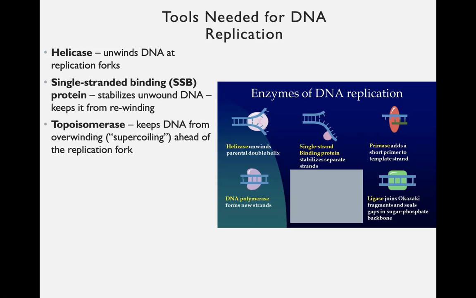At the other end, if you imagine like two hoses coiled together, sort of in a double helix, if you pull them apart and unzip them, it just gets really tangled up and compacted ahead of where you're pulling them apart, right? So the topoisomerase basically keeps the DNA from supercoiling, just becoming more and more tightly wound ahead of the replication fork.